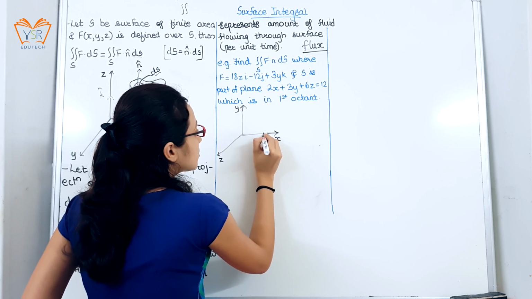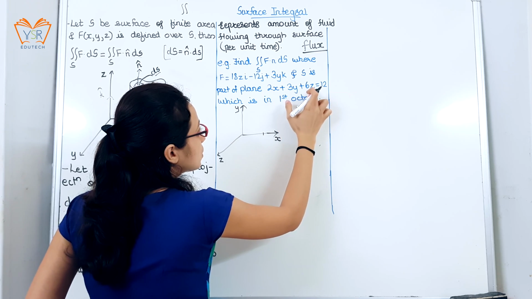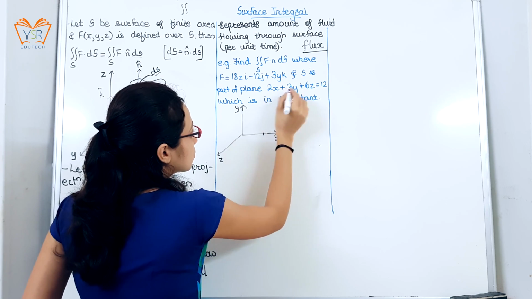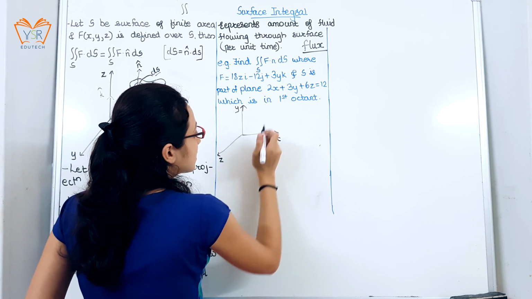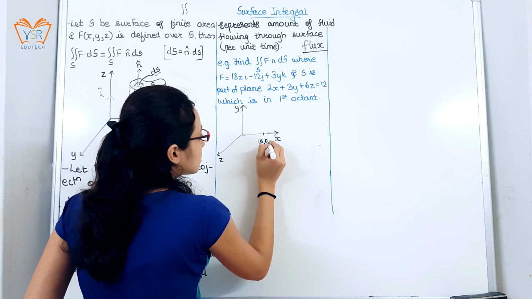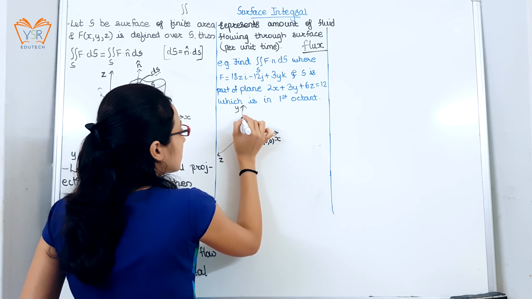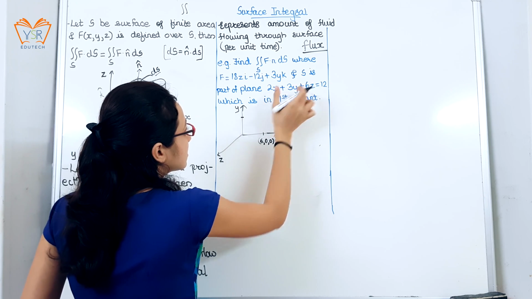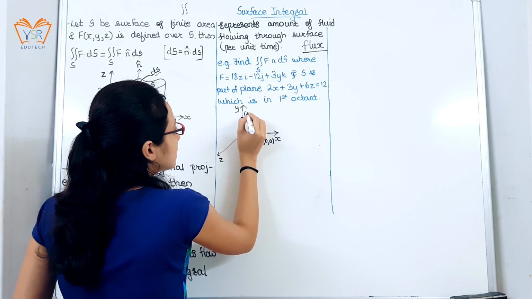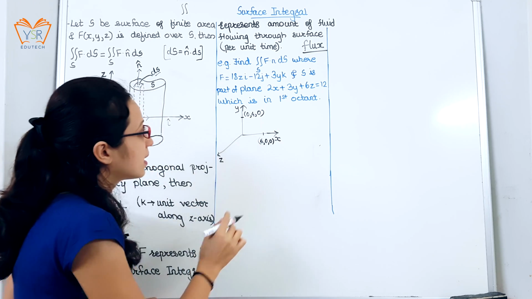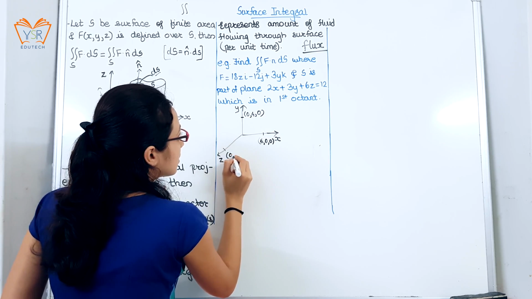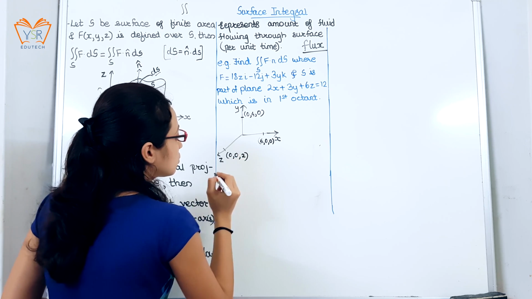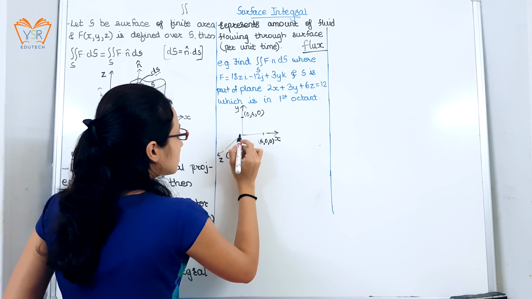For the x coordinate, put y equal to 0 and z equal to 0. So 2x is equal to 12, that gives 6, 0, 0. For y, x and z equal to 0, that gives 0, 4, 0. And for z, we get 0, 0, 2. Join these.